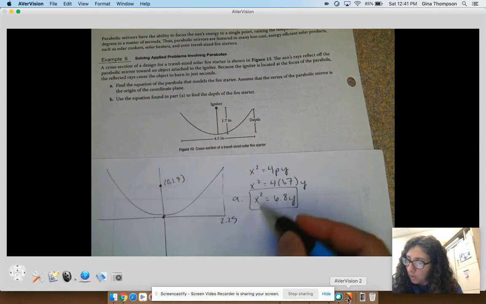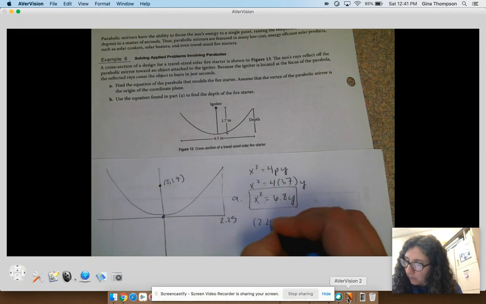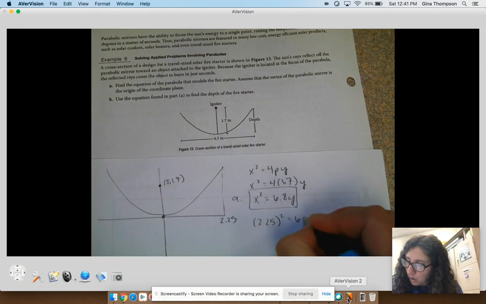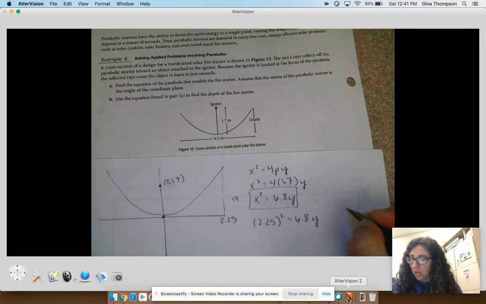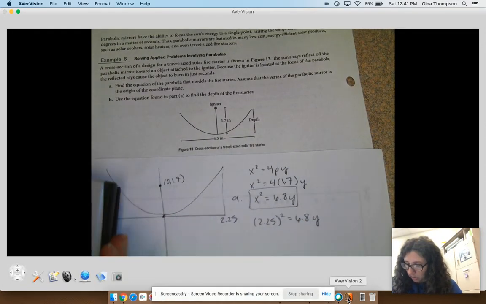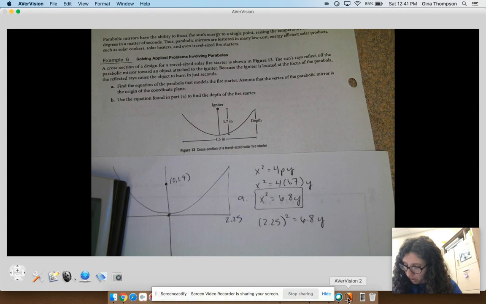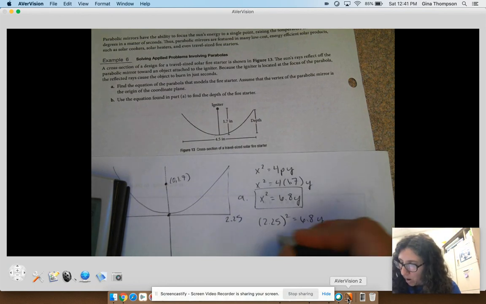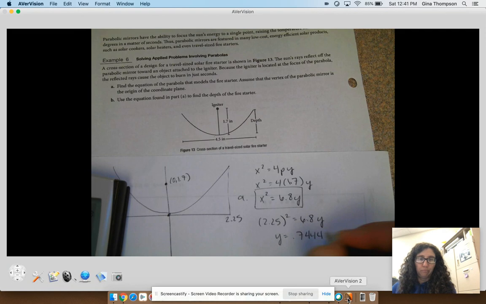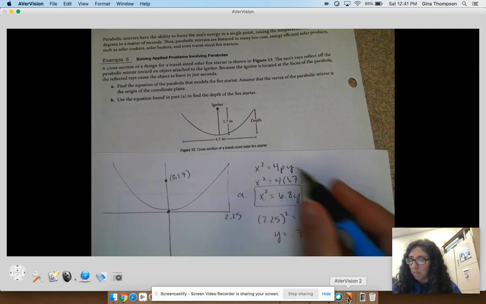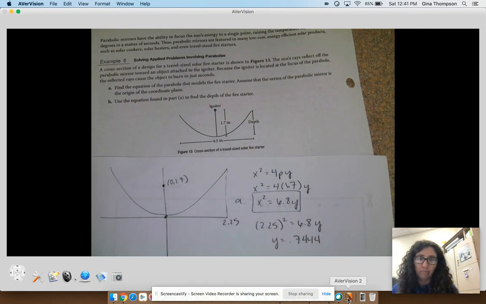So if x equals 2.25, what's the y value? 2.25 times 2.25 is 5.062, divided by 6.8. We get that y equals 0.7444. So that depth is that y value.